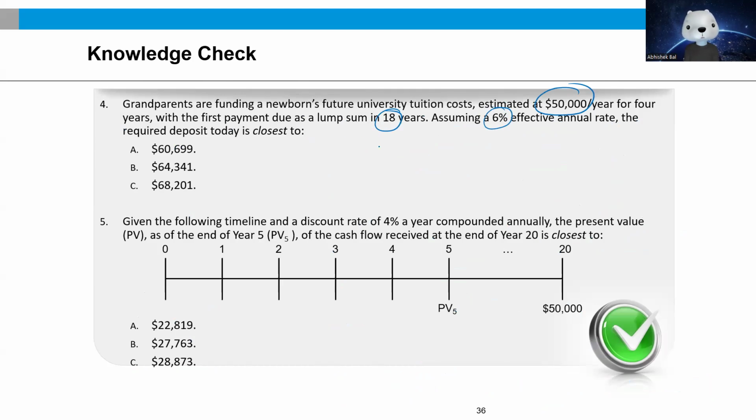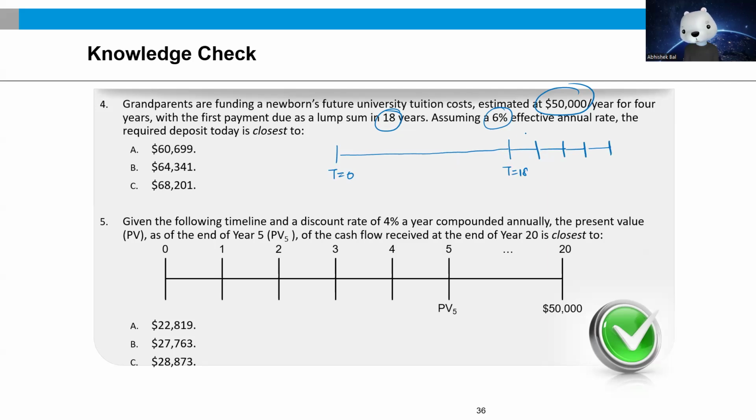So we need to understand here what's happening. So we have got time t is equal to 0, and then time t is equal to 18. But after here, there are 4 more years to be precise. Okay.